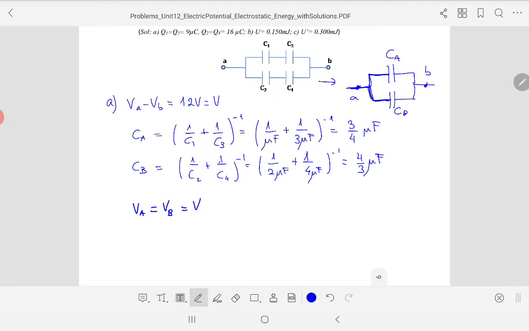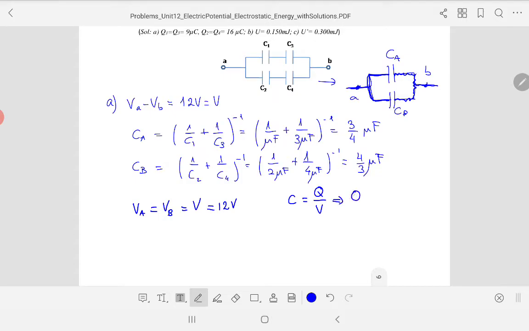So all the points here have exactly the same potential, while all the points here have the same potential, which is potential B. So this is 12 volts, and we also know from the definition of capacitance, this is the ratio between the charge held by a capacitor and the potential difference across the plates.